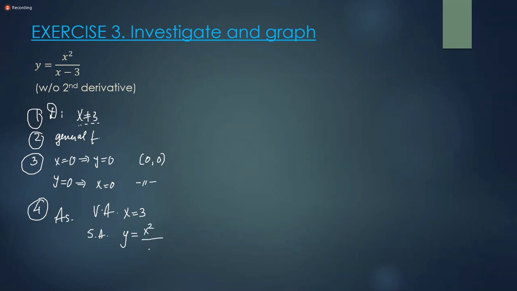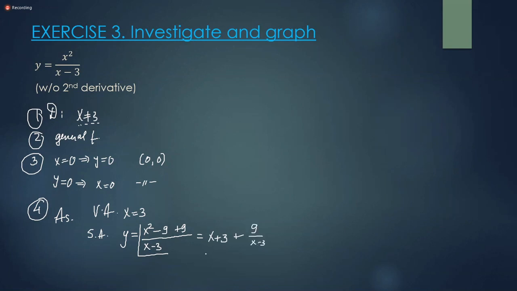X squared divided by x minus 3. X squared would be divisible by x minus 3 if we had x squared minus 9, because we know this is the difference of squares, x plus 3 times x minus 3. And then I add 9 back. So I see that this part gives me x plus 3, and this part, 9, is not divided.